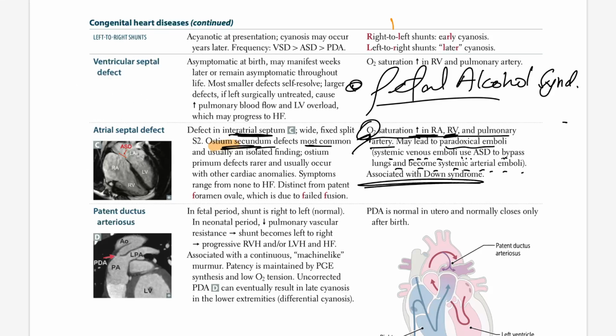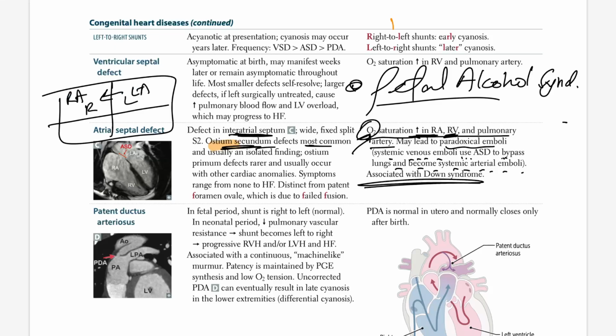What is a paradoxical emboli? Paradoxical emboli is, although we are saying right now that it is a left to right shunt, from left side to right side, but in cases when you have an increase in right atrial pressure, for example, you're coughing, sneezing, squatting, Valsalva maneuver, you're increasing right atrial pressure. When you increase right atrial pressure at that time, the shunt becomes reversed, meaning it becomes a right to left shunt.